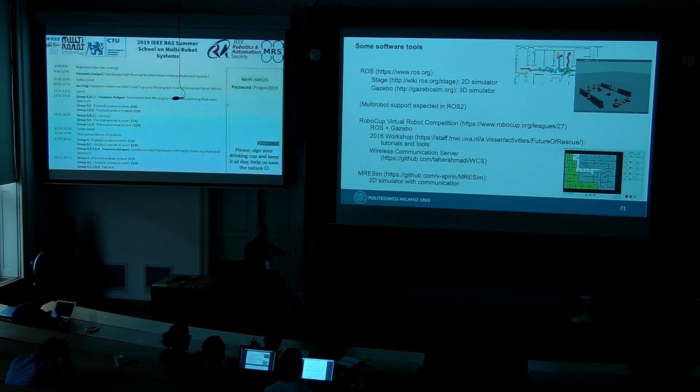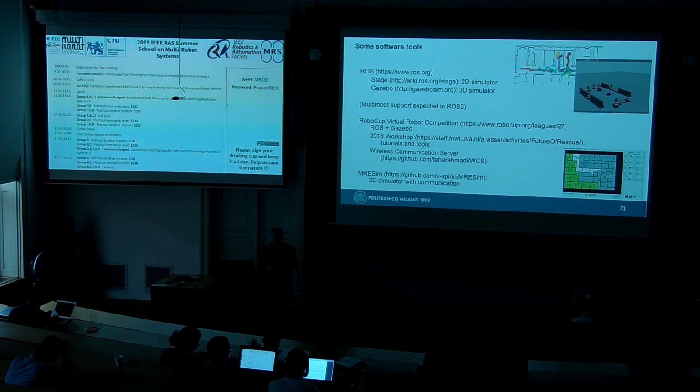It has no physical simulation, but it has some simulation of the communication between the robots, and especially for students, it is a really good tool for quick prototyping of solutions that of course you then have to test in more complex environments. I ran a little bit late, but I think that's all. Thank you very much.